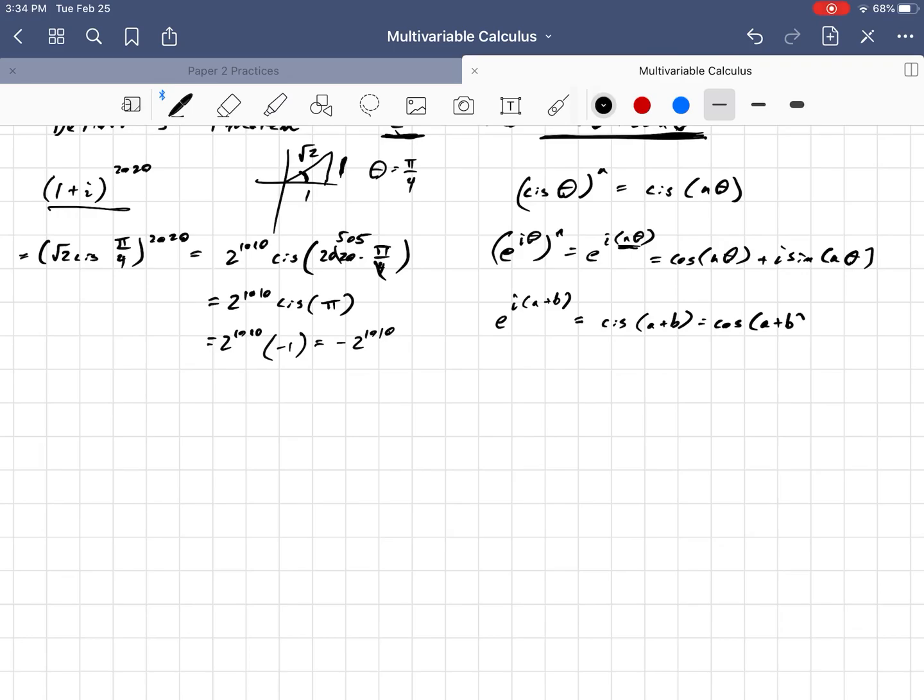Well, this is cosine of a plus b plus I times the sine of a plus b. What do I want to do from here? Maybe I could make this e to the IA, because we're doing IAs, times e to the IB, because we're in IB.